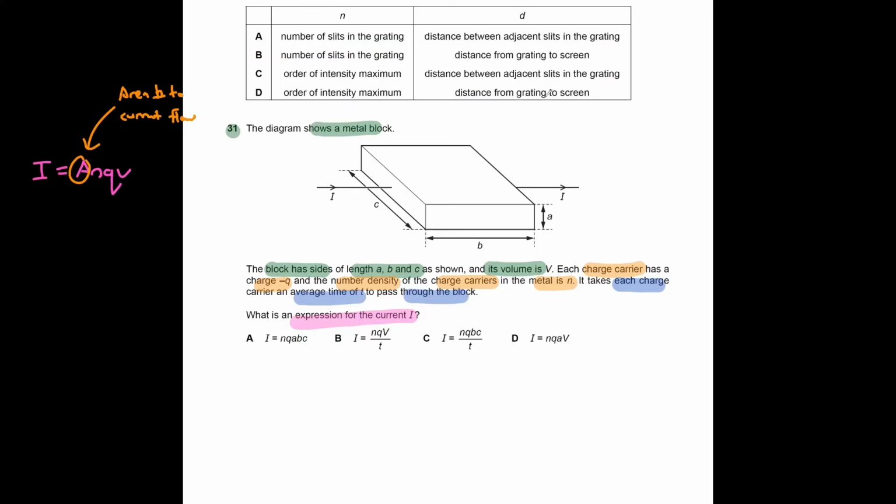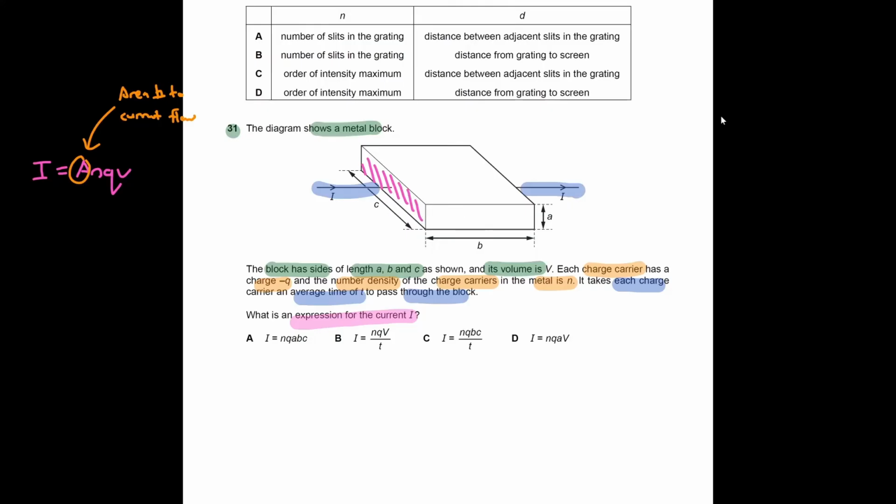So your current is flowing in this manner here. The area perpendicular to your current flow would actually be this area right over here. It's actually the product of A times C.